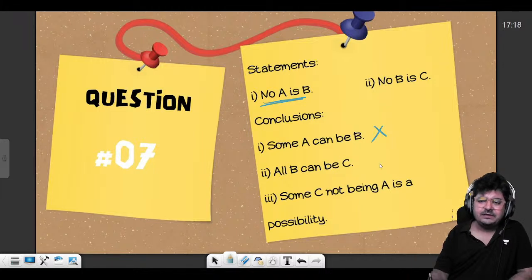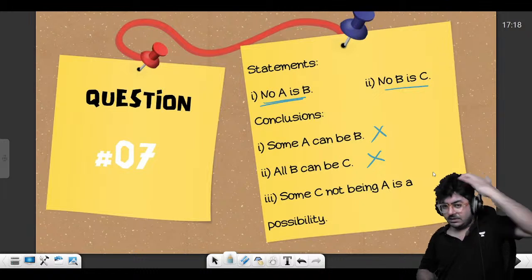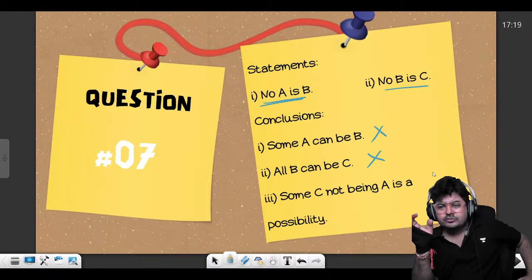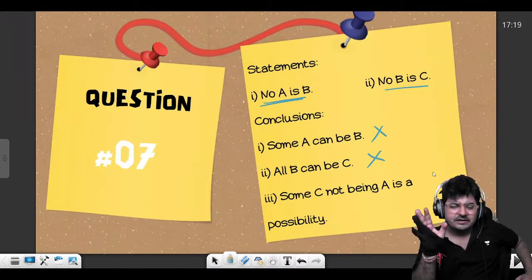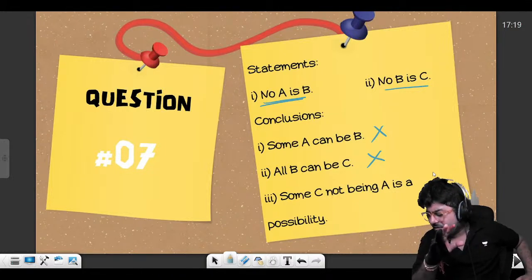All B can be C, that is also false, because against the statement we cannot go. Remember this, any conclusion which is against the statement in syllogism is definitely false.